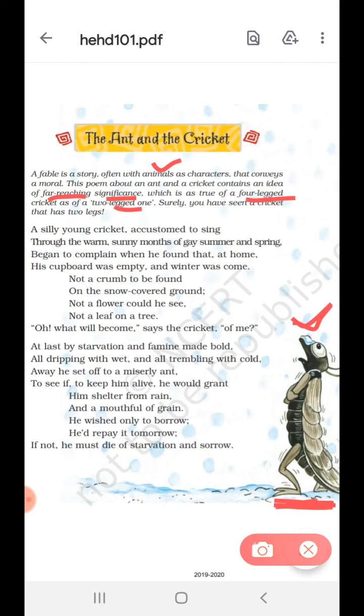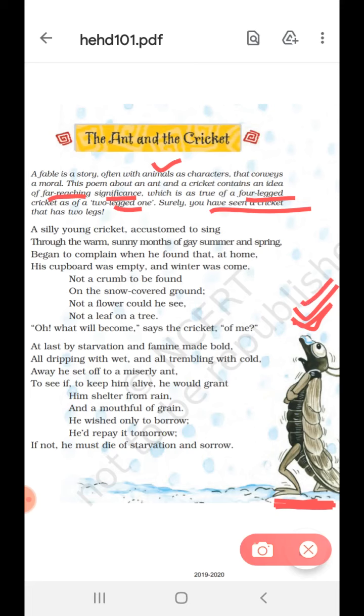So here the poet tries to compare the insect, the cricket, to human beings. Clear? Surely you have seen a cricket that has two legs. The poet is asking, have you ever seen a cricket with two legs? So here he indirectly means to say that it is human beings who act similar to the cricket.